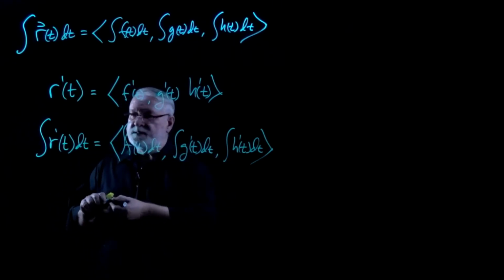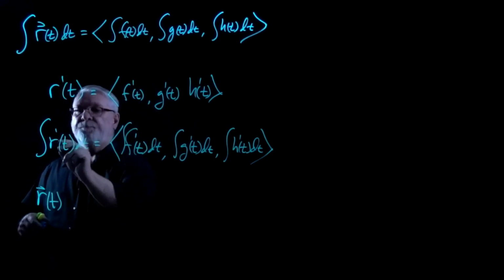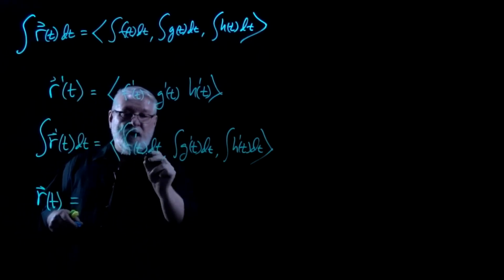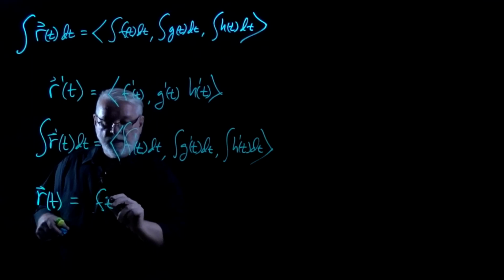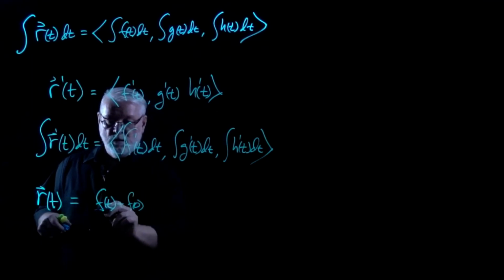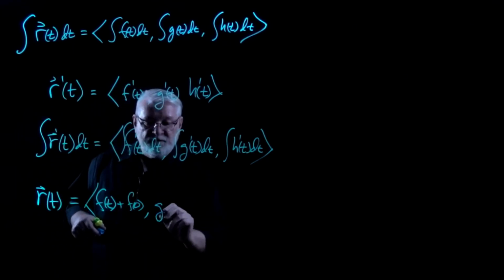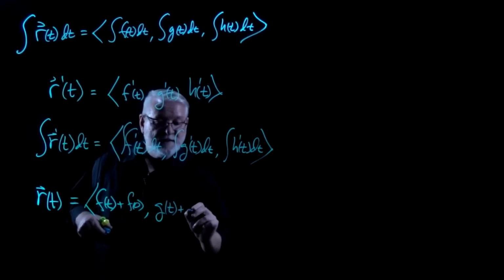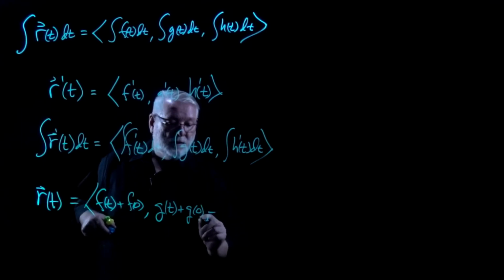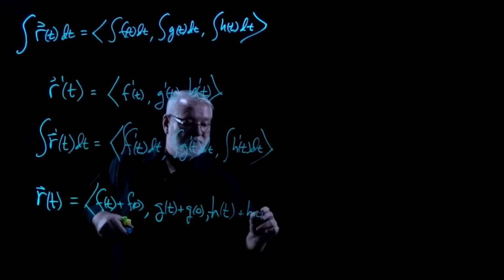In essence, the answer to this is going to be that r(t) is equal to f of t plus f of 0, g of t plus g of 0, and h of t plus h of 0.